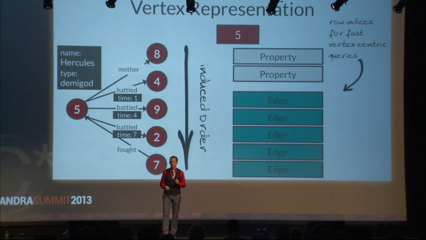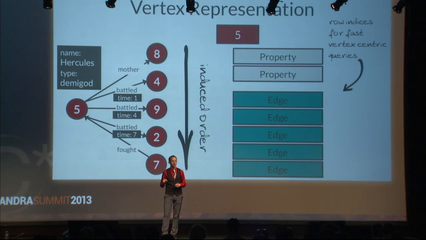One of the important aspects here is that there is an induced order on the edges, and in fact, Titan allows you to define what that order should be by defining primary keys for a particular edge label. So for instance, here we have defined a primary key as time on the battled edge, meaning we want battle edges to be sorted by time.